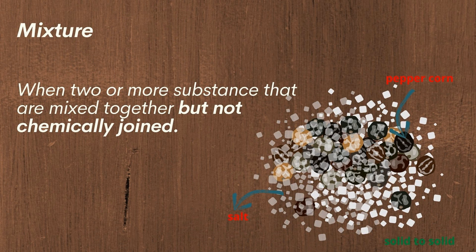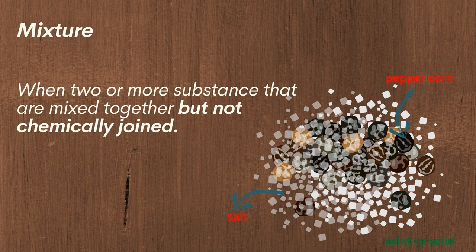Again, what do we mean by mixture? When two or more substances are mixed together but do not chemically join, meaning their properties are still the same even after mixing, they are called a mixture.